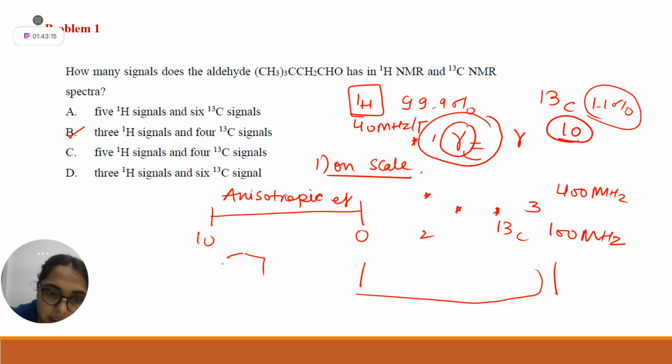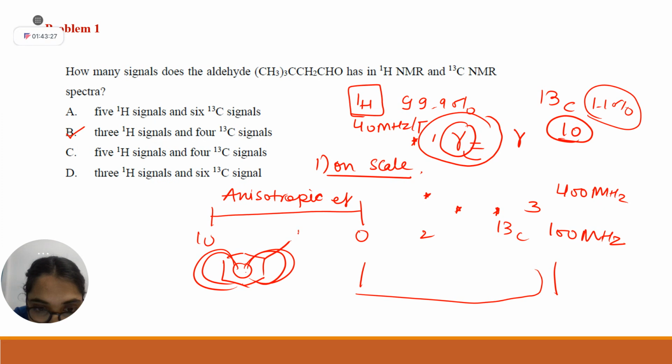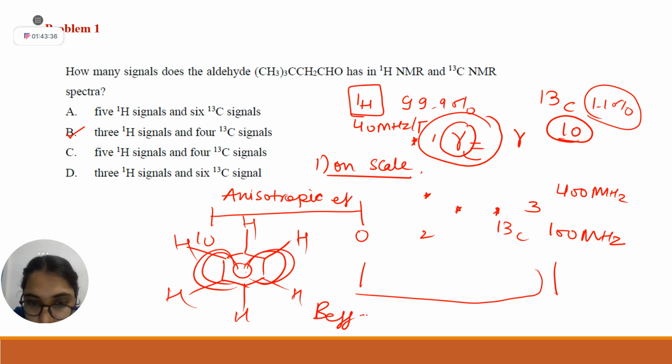What books explain is that the benzene ring current does not align with your applied magnetic field. So for these protons, the effective magnetic field will decrease, because the ring current gives a magnetic field that opposes your applied magnetic field.